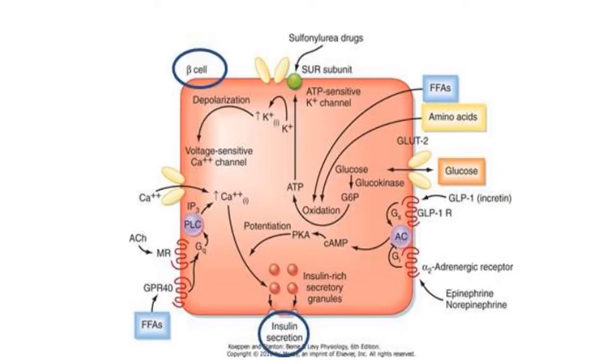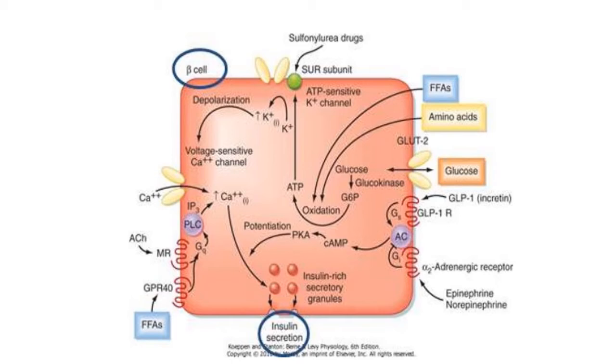Here is the diagram. It is a very good diagram. I have asked you whether stimulation of the alpha adrenergic receptors increases the release of insulin. You can see here, this is the alpha adrenergic receptor.